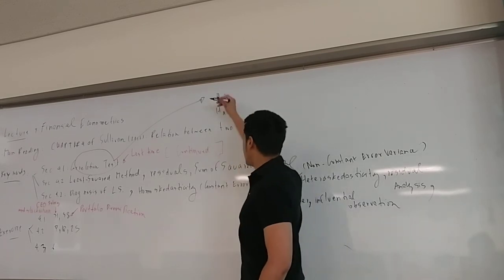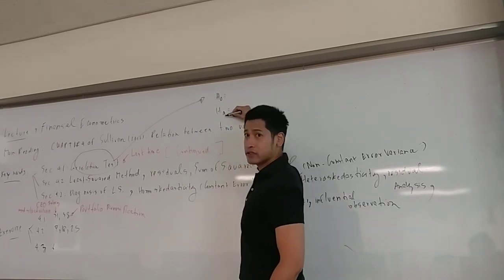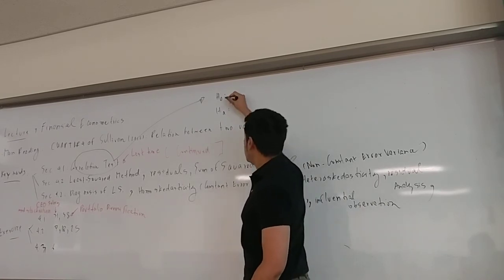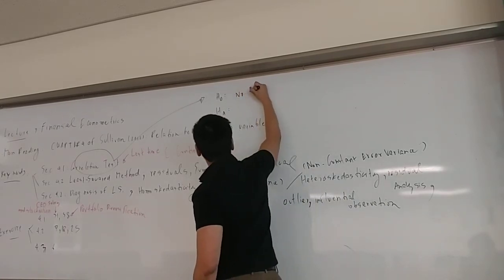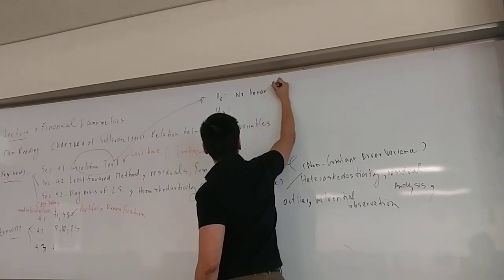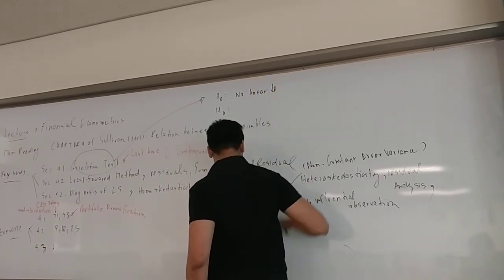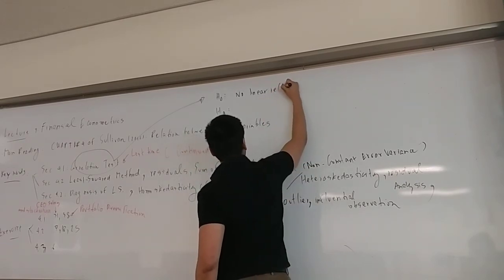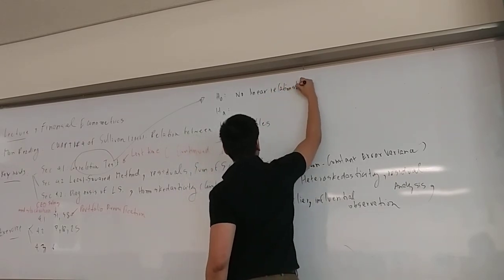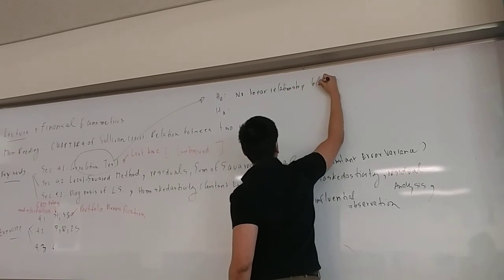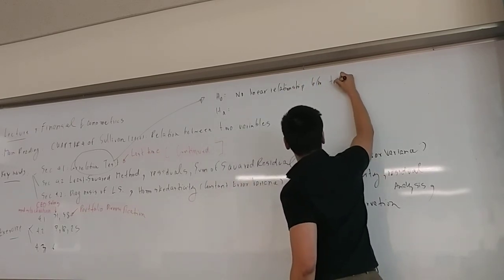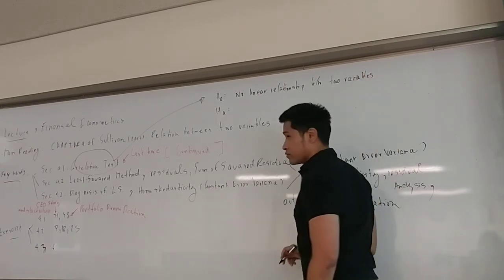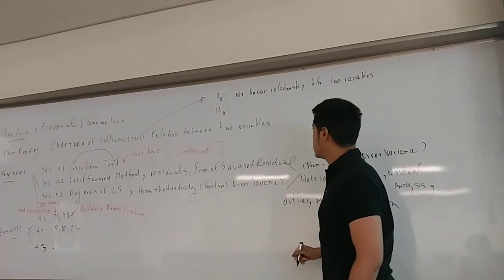So you have the null hypothesis and then the so-called alternative hypothesis. The null hypothesis says no linear relationship between the two variables of our interest.